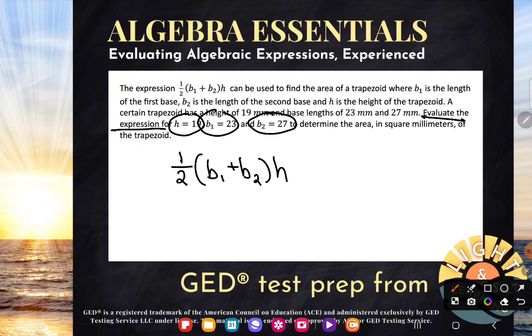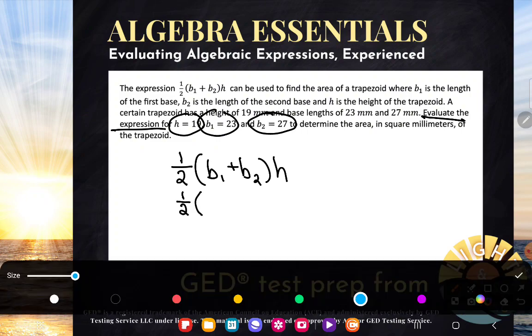So first great step whenever we know what a letter is, we do a trade. We call that a substitution. I don't have to call B1 anymore because I know what he is. According to this, B1 is 23. Now, of course, I'm not going to lose my numbers or my operations, so I'll keep my plus. But I don't have to call B2 anymore because I know what that is as well.